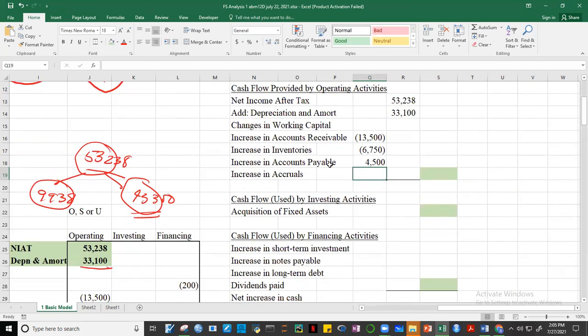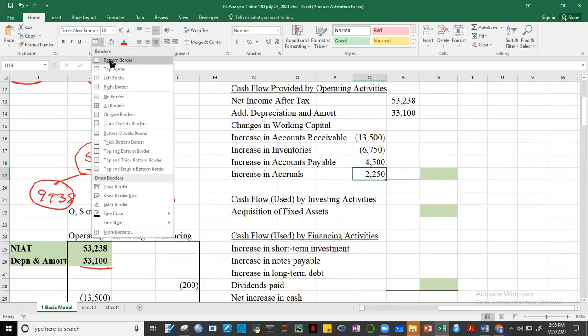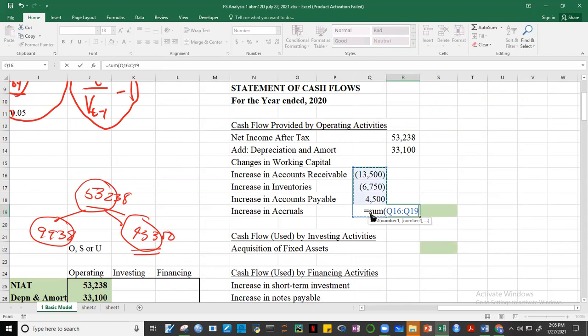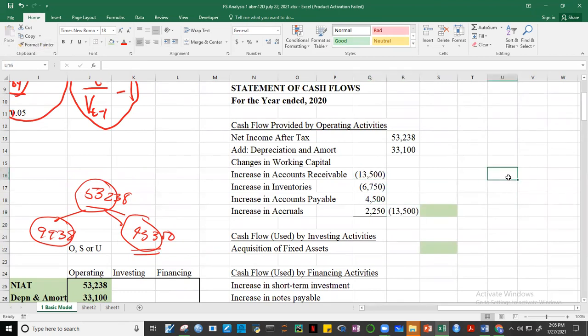And then we have yung accruals. There. Lagay ko ng line dito. Bottom border. All right, then we sum this up. Sum. Okay. So ito yung net change natin sa working capital. Format ko lang.